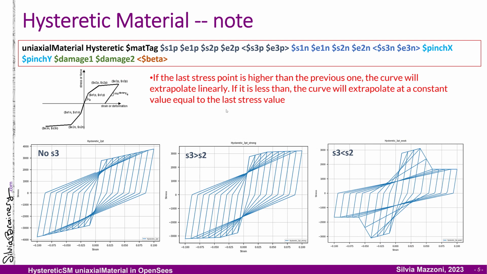One thing to note about the hysteretic material that you'll also see in HystereticSM is how you define the last point. For the hysteretic material, that is the third point, and it can give you three different types of curves. If you don't define S3 and epsilon 3, whether in the positive or negative direction, then you can get a simple bilinear response.